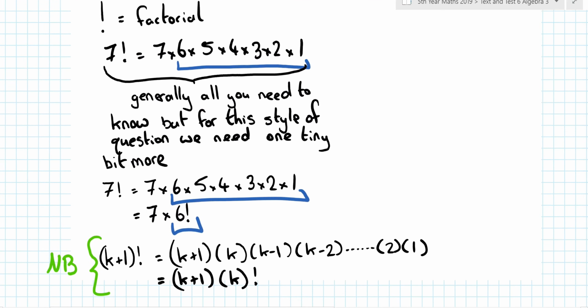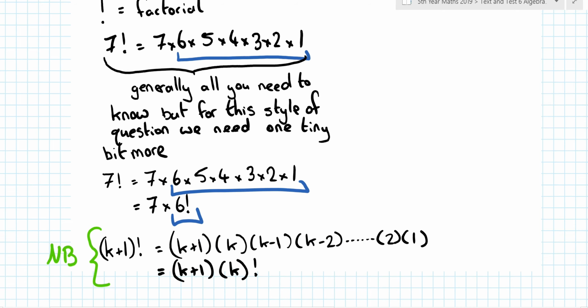Now this bit is really important, what k plus 1 factorial is. K plus 1 factorial is every number before it multiplied together until you get to 1. So what's before k plus 1? K. What's before k? K minus 1. What's before that? K minus 2, and so on. And then it can be written as k plus 1 by k factorial. You might recognize that that's probably going to be useful in step 3.